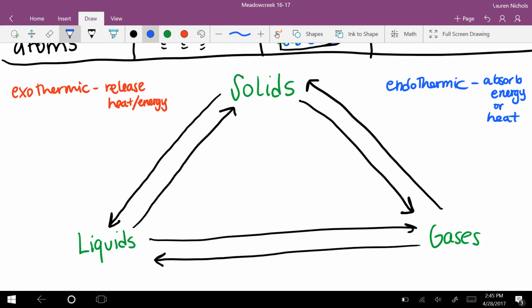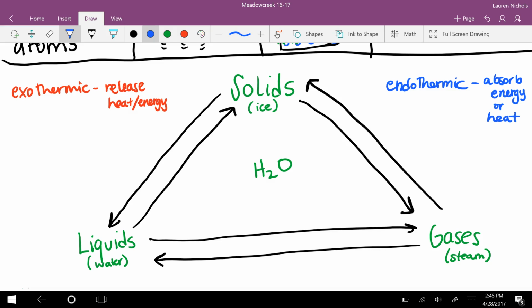Okay, so let's talk about as I go from a solid to a liquid. If I think about water, water as a solid is going to be ice. Water as a liquid is just water, H2O, right? And as a gas, it's steam. So in this thing, we're talking about H2O.